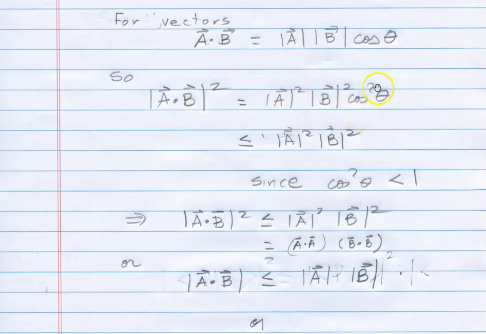But the cosine squared term is always between 0 and 1. So if I take the maximum value, then this quantity has got to be less than or equal to the value when I set this cosine squared at its maximum value, which is 1. And since this is equal to this, which is less than this, I have the following relation that follows almost immediately.